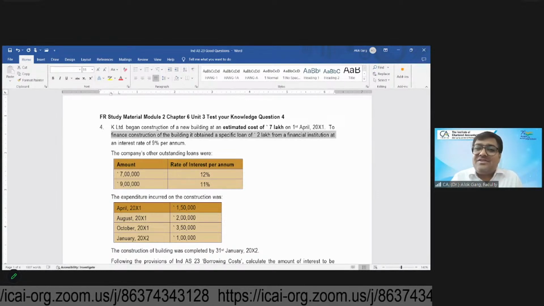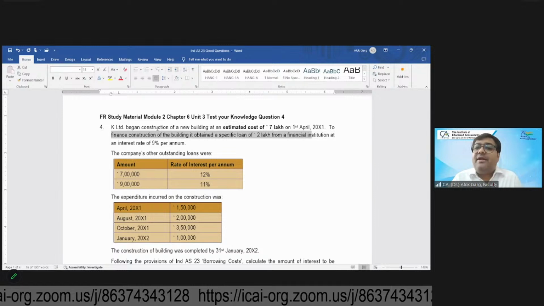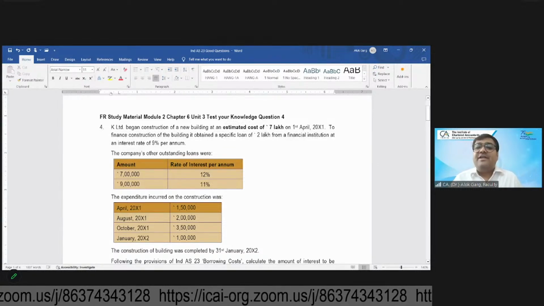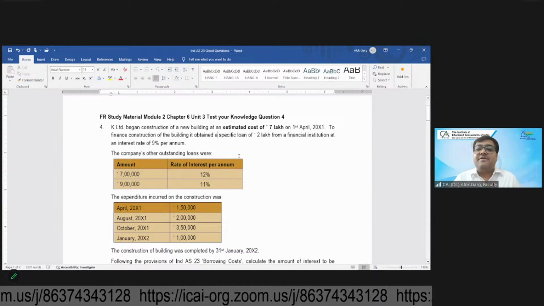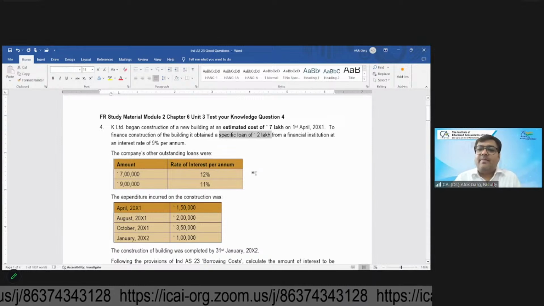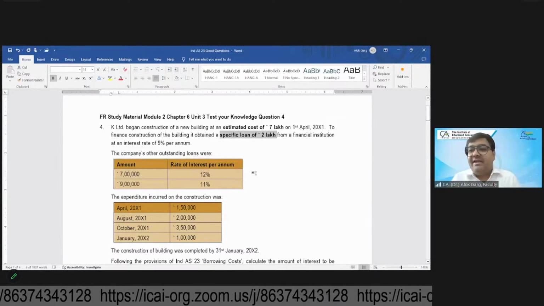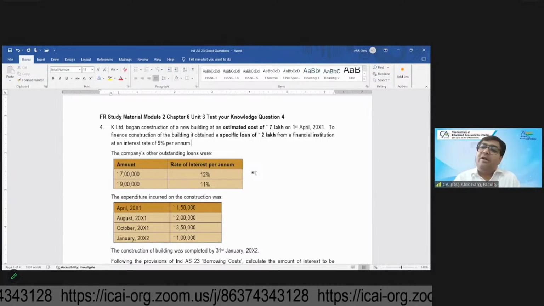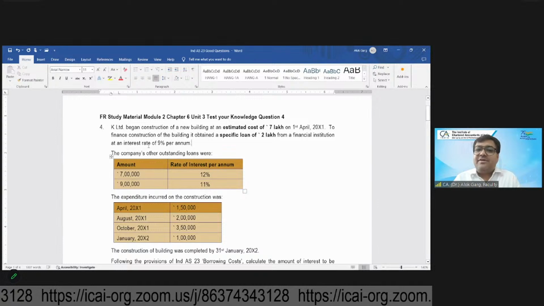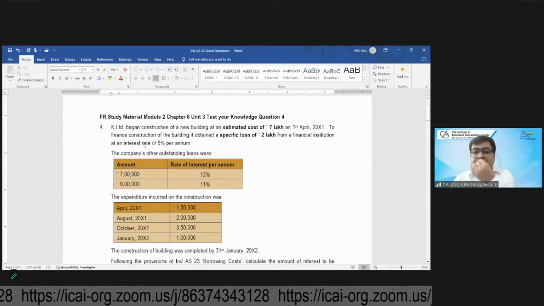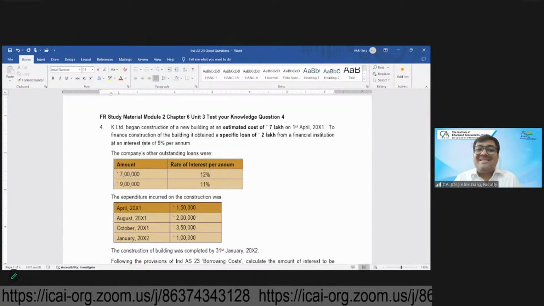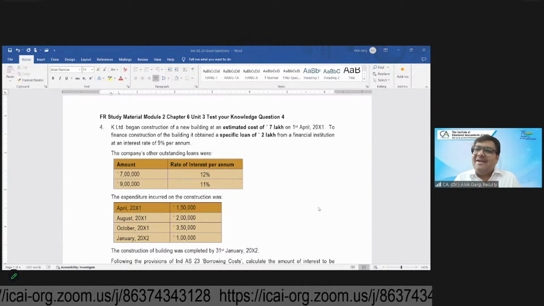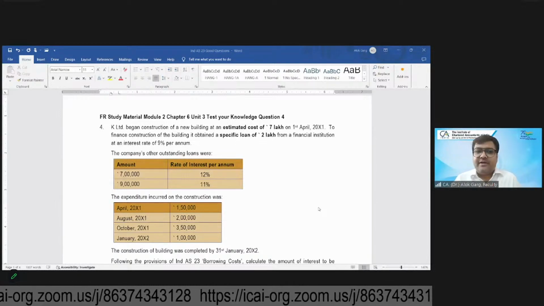To finance construction of the building, it obtained a specific loan of rupees 2 lakh from a financial institution at a rate of 9% per annum. The estimated cost is 7 lakh, but the company has taken a specific loan of rupees 2 lakh only. And what is the interest rate? 9%. Is this a general borrowing or a specific borrowing? 2 lakh is a dedicated borrowing, a specific borrowing, correct?